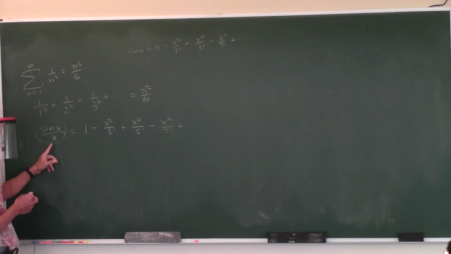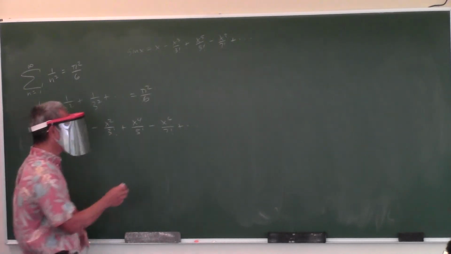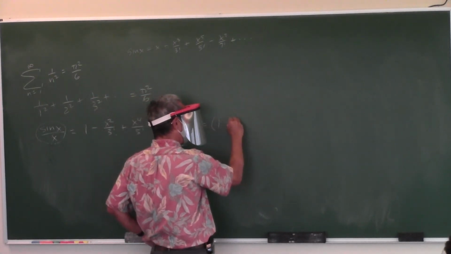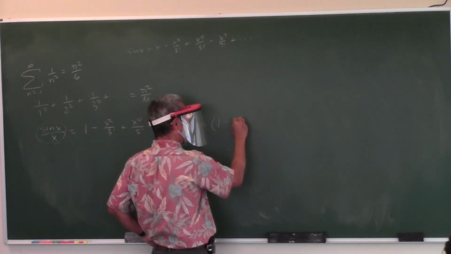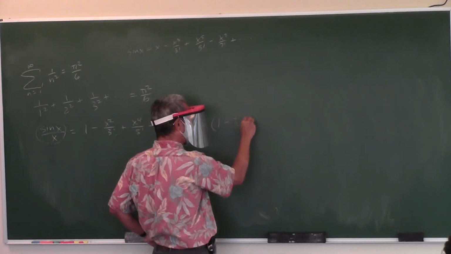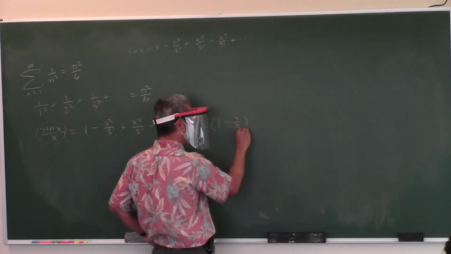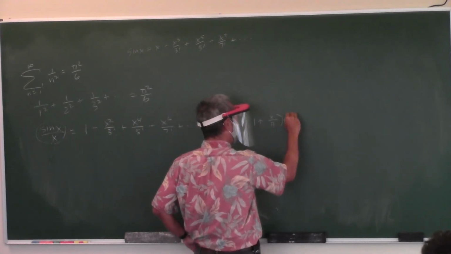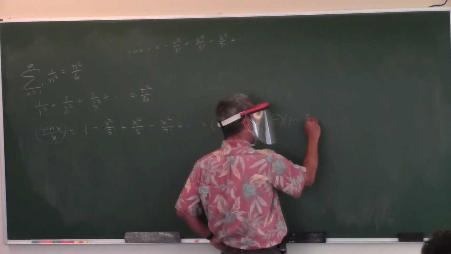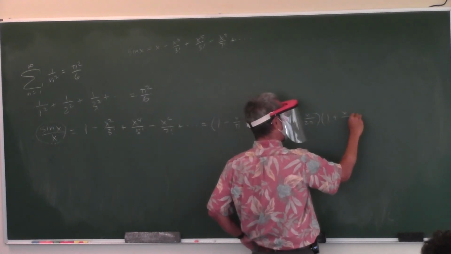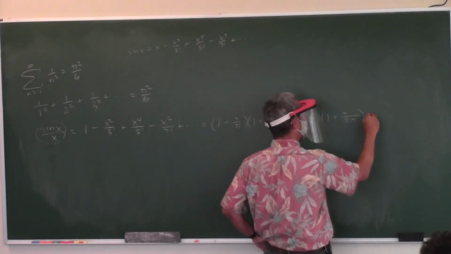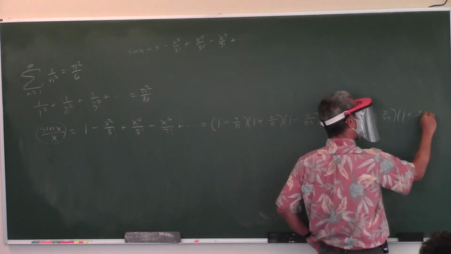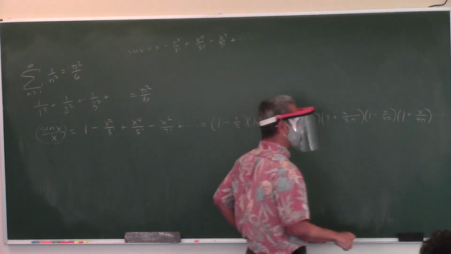So considering the zeros of this function, this must be equal to, I hope I get this right, 1 minus, is it x over pi or pi over x? No, x over pi. 1 plus x over pi, 1 minus x over 2 pi, 1 plus x over 2 pi, 1 minus x over 4 pi times 1 plus x over 4 pi, forever.